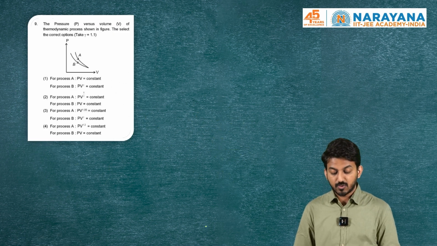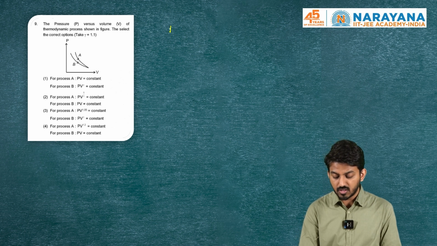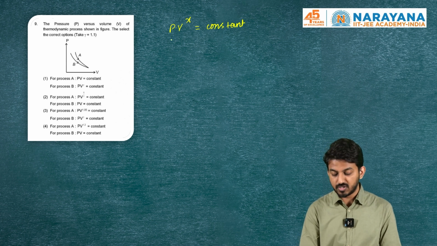Now, looking at the next question, as the graph suggests, we have a polytropic process, which can be represented by the equation PV raised to power x is equal to constant, where x is known as polytropic coefficient.